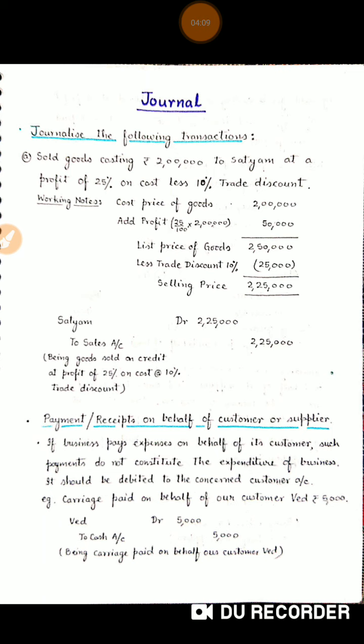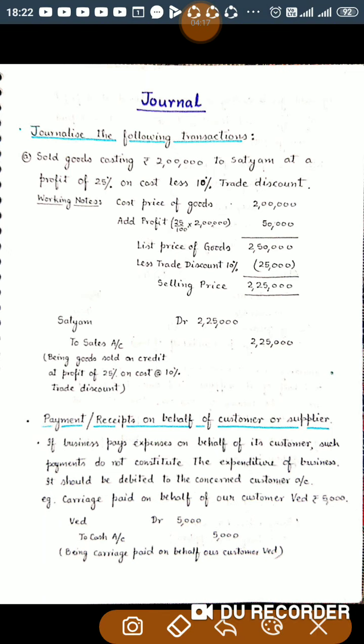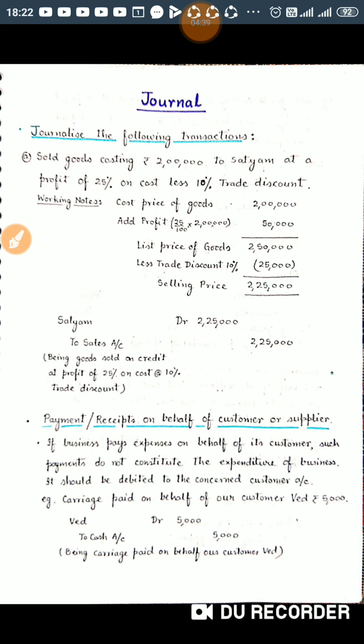There are two accounts involved, Ved and cash, as we are making payment. Carriage paid is not an expense for us. So Ved is the actual receiver of this expense. So Ved should be debited and cash is going out from the business, so cash account will be credited. So Ved account debited to cash account.